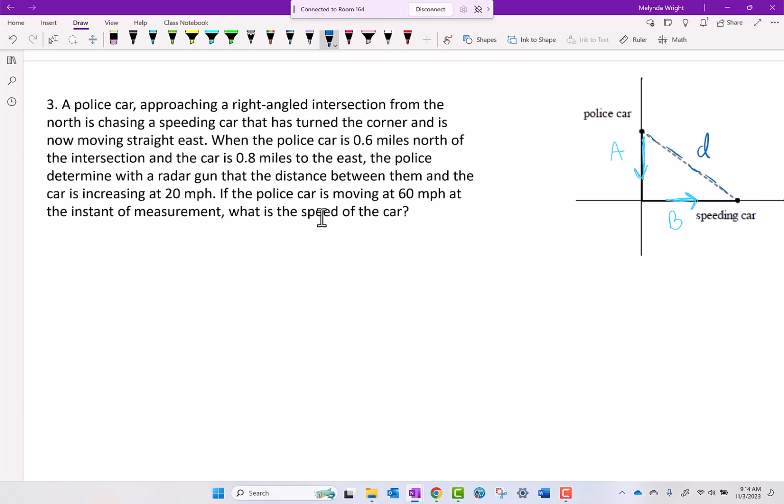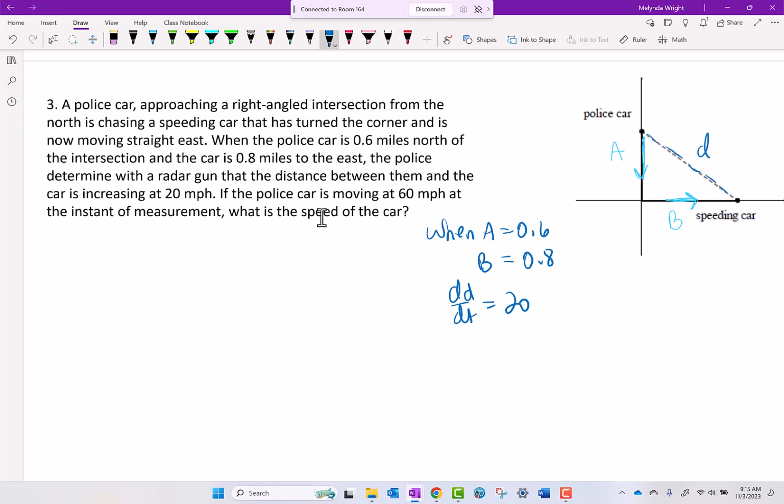Okay, so let's go back. We've got the figure drawn, so let's start putting our variables in place with the numbers that we have. When the police car, A equals 0.6, and the car, B equals 0.8, so that's when the distance between them is D, so dD/dt equals 20 miles per hour.